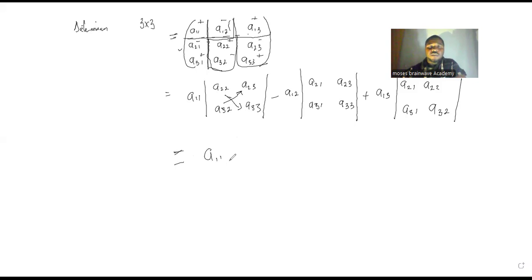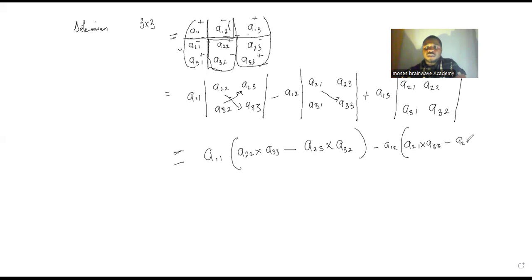In the next class, we're going to be taking some more examples. So you have A22 multiplied by A33 minus A23 multiplied by A32. When you're done with this, then go to minus A12 into this multiplied by this: A21 multiplied by A33 minus A23 multiplied by A31.